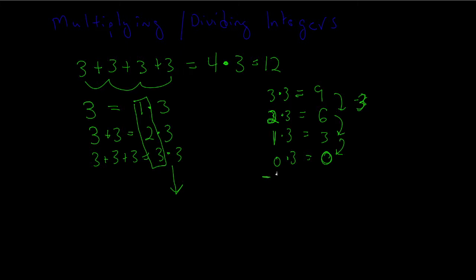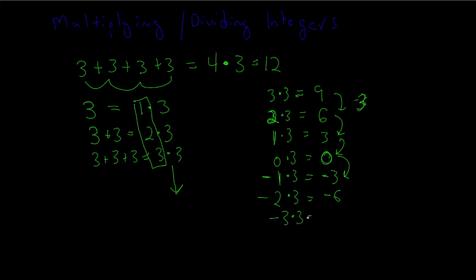Well, I guess I could keep going since I now have negative numbers, right? Before I didn't have negative numbers, but now I do. And so I would just subtract 3, which would bring me to negative 3. Negative 2 times 3 would give me negative 6.